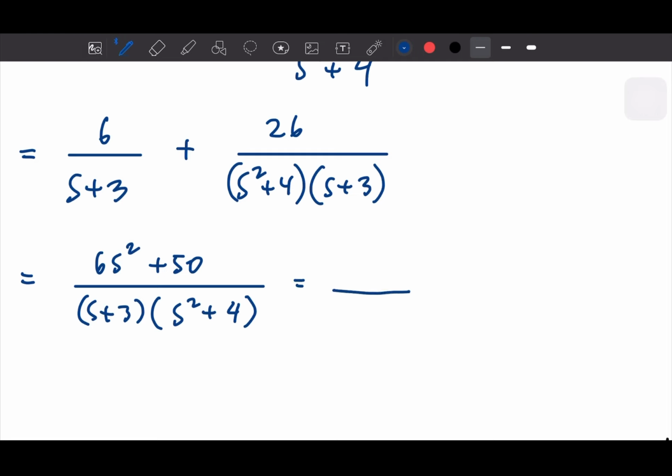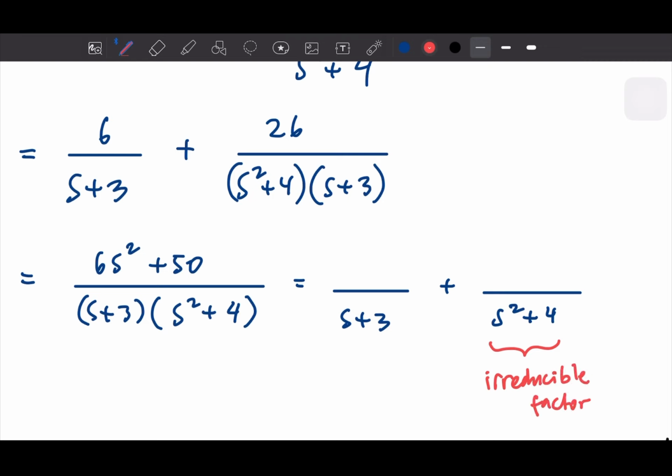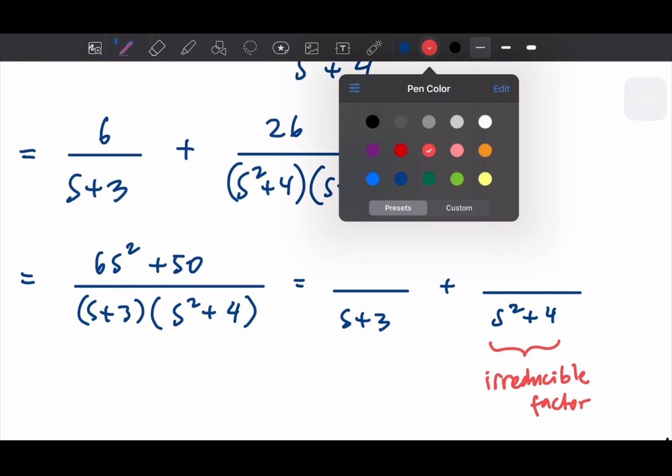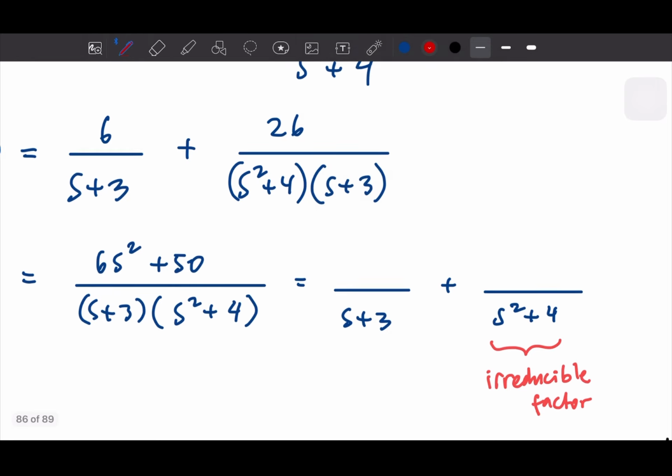We take this into s plus 3 and s squared plus 4. The s squared plus 4 is what we call an irreducible factor, which means it's not linear. If we have a linear factor, then we just take the numerator as a constant a, and for the s squared plus 4, we take bs plus c, a linear expression on top of that.